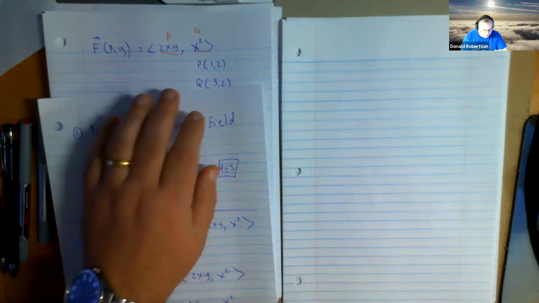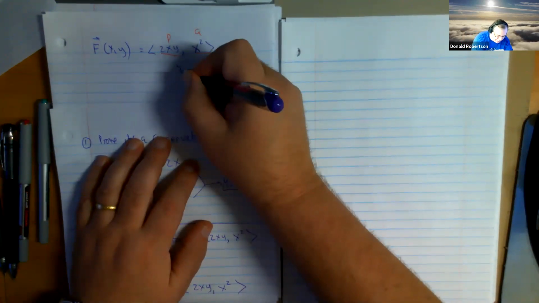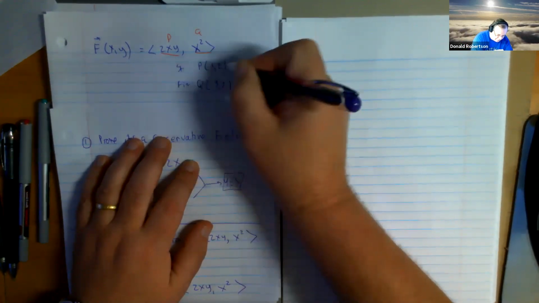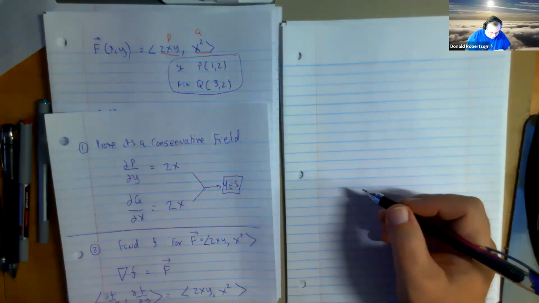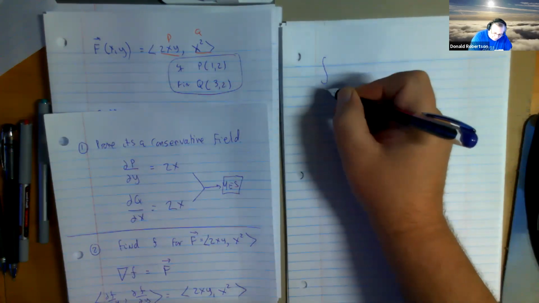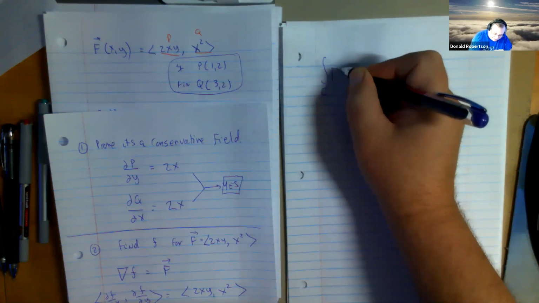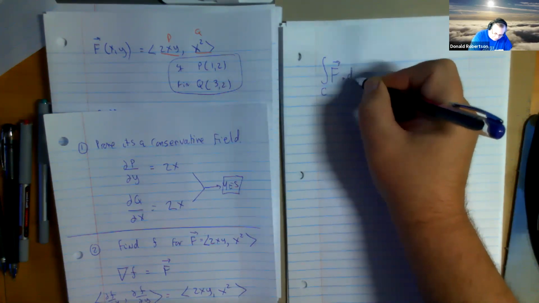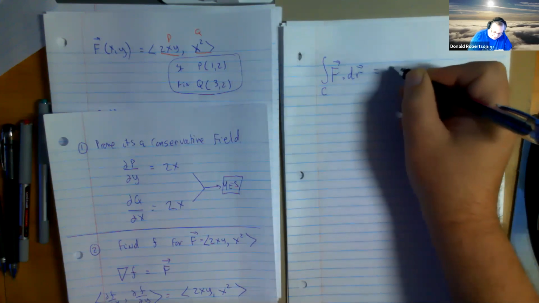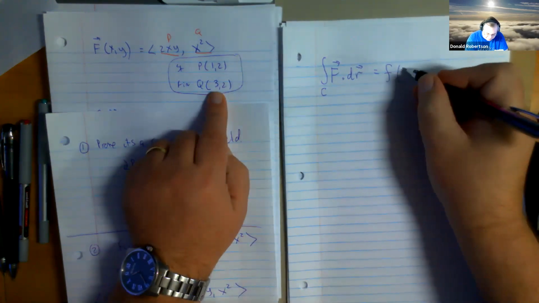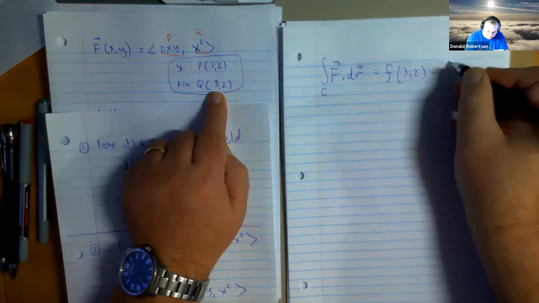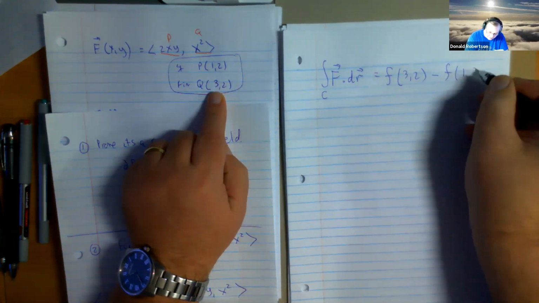Now, the points that we are interested in is start and finish, right? Those two. Great. So, according to the fundamental theorem of line integrals, this line integral is just the value of f at the end, take away the value of f at the beginning.